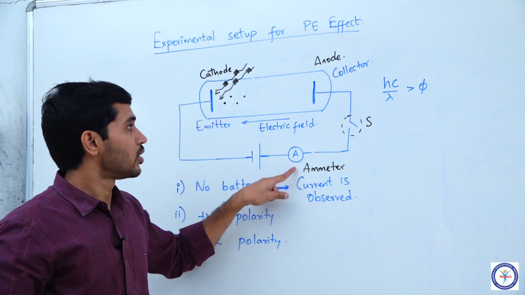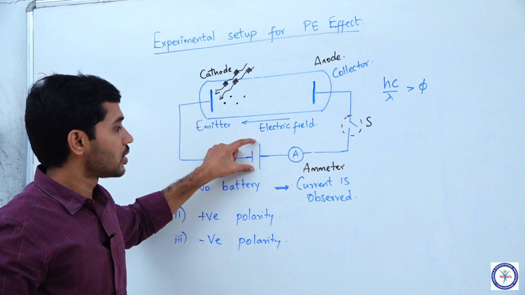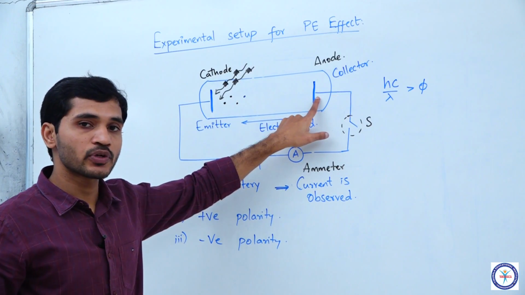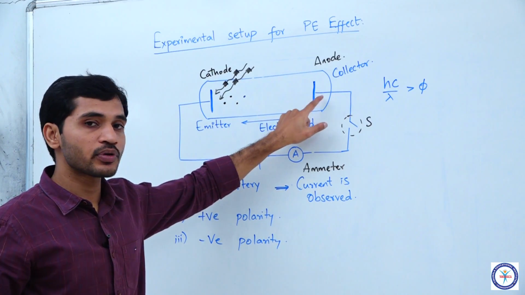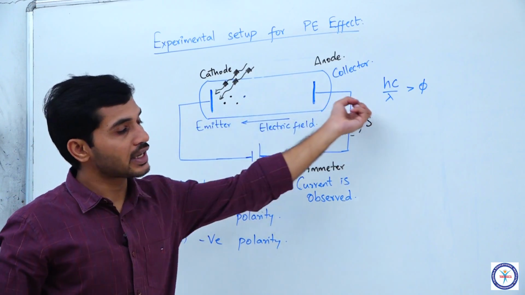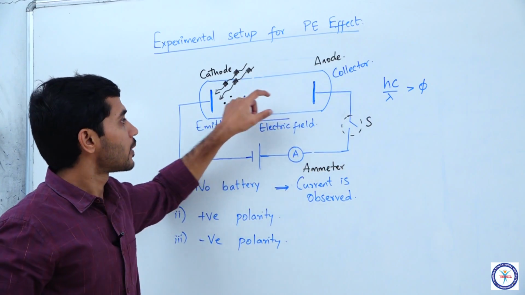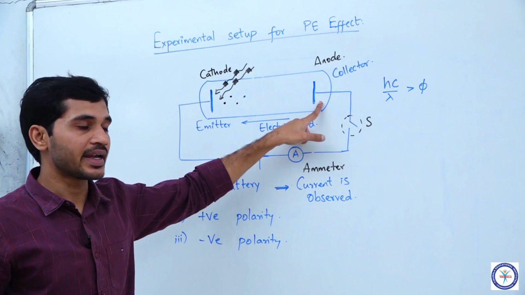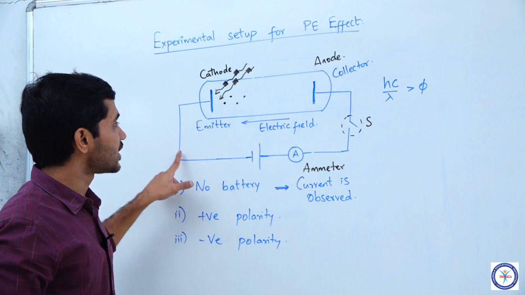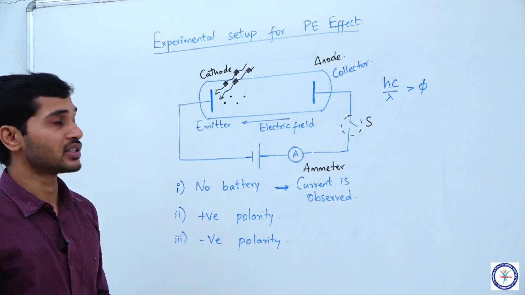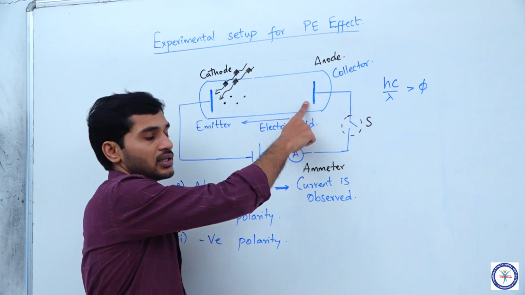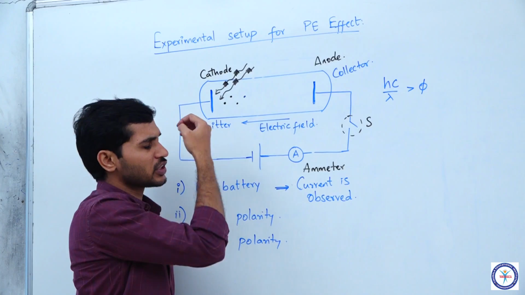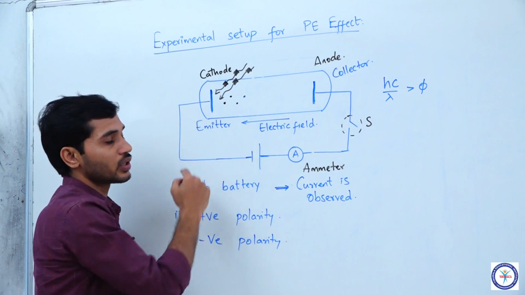It increases, because this battery, being connected this way, is making this the higher potential end, and this higher potential is pulling the electrons towards it. These electrons are forced to move towards this end, which thereby increases the flow of current in this circuit. Once they reach the collector, because of the path present over here, they are once again going to reach the cathode.